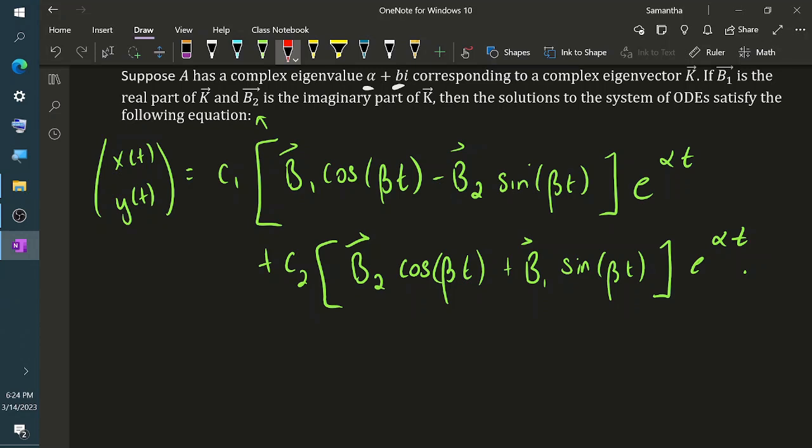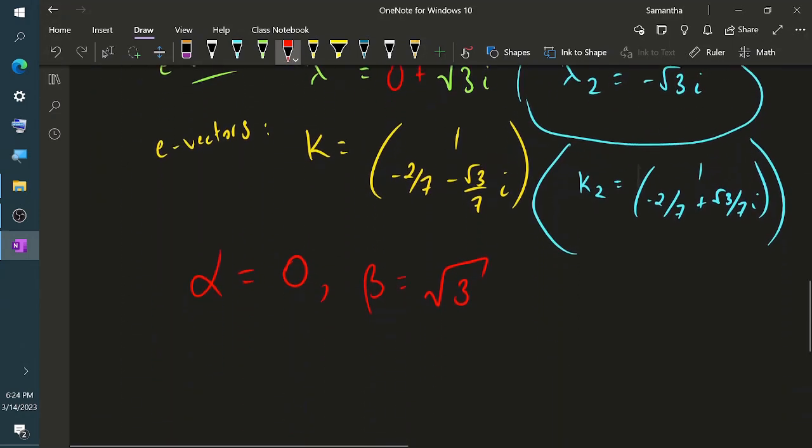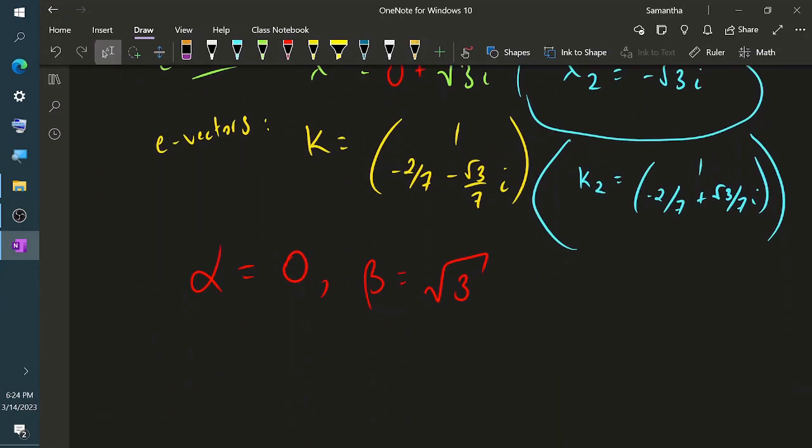Now the B1 and B2 are equal to the real and imaginary part of the eigenvector. So B1 is what I get when I look in my vector and I extract all the numbers that are not attached to i.